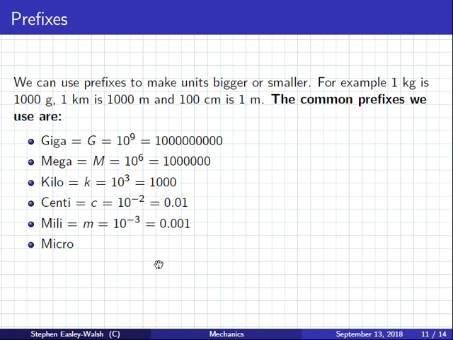Micro. What letter is micro? Do you know the letter? It's not M. It's 10 minus 6. But what's this letter called?